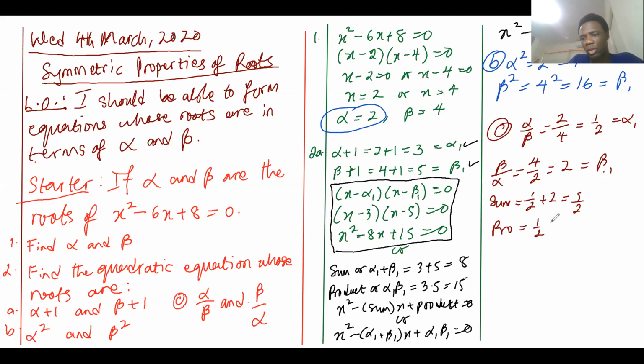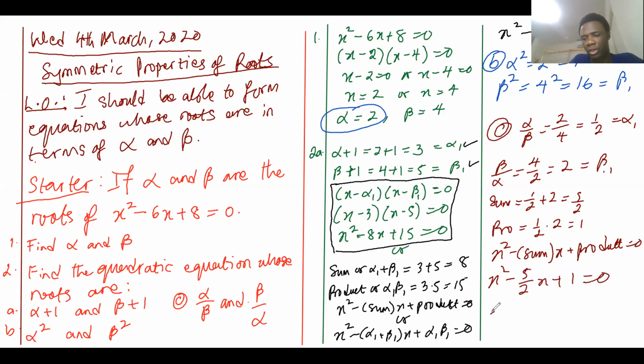Product is 1 over 2 times 2, which is 1. So I write my formula as x squared minus sum plus product equals 0, which must be included. So x squared minus 5 over 2 x plus 1 equals 0.